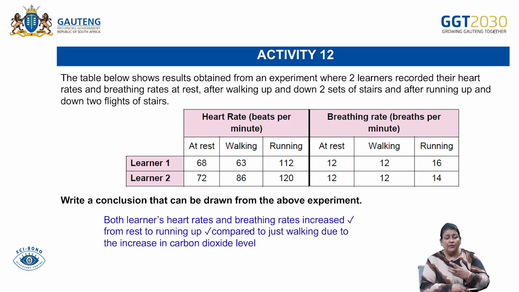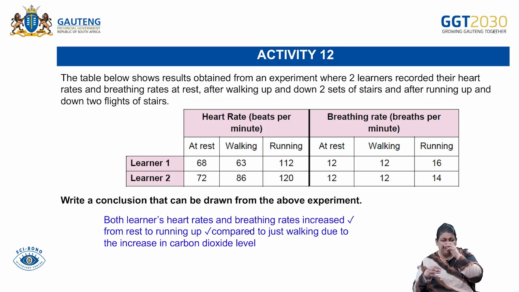Now, what causes our breathing rate to increase, learners, is that when you exercise, the levels of CO2 in the blood are going to increase. And these high levels of CO2 in the blood will stimulate your heart to beat faster and your breathing rate to increase so that you can get rid of carbon dioxide, because carbon dioxide cannot stay in the body. It's a poisonous gas.